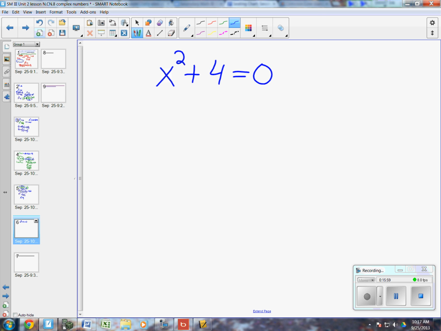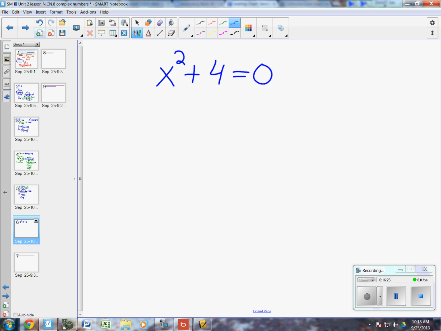Is there a number I can put in for x and square it, add 4 to it, and get 0? No, because whatever I got over here would have to be a negative 4, so negative 4 plus 4 is 0, right? It's impossible to find a number I could do that with in the real numbers. But is it possible in the imaginary numbers? What would be the imaginary number? Not 4i. Think about it.